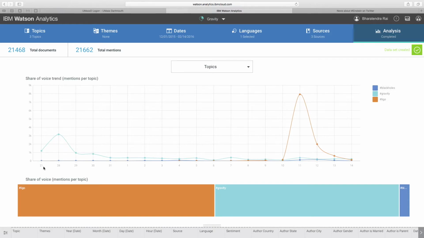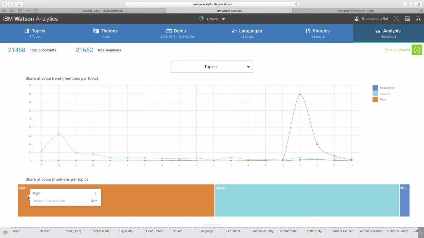You can also see the share of voice, trend of mentions per topic; this scale is in thousands. You can expand or contract this. For gravity related terms, we see there was some spike and then it is lying low throughout. But the term LIGO spikes when the discovery of gravitational waves was announced.